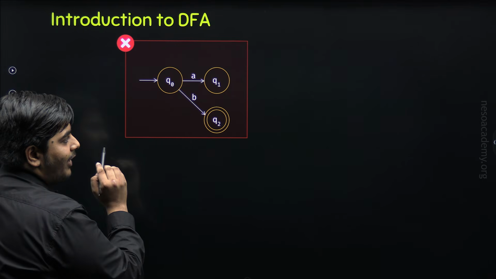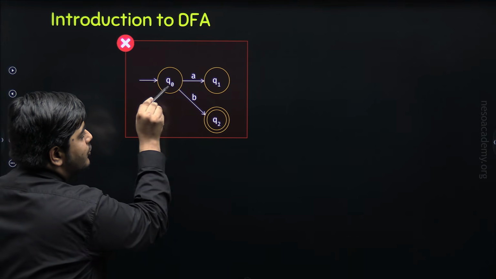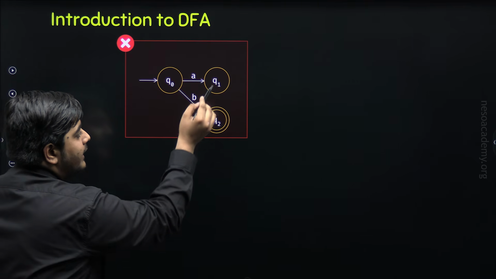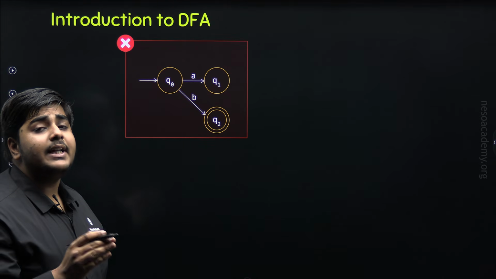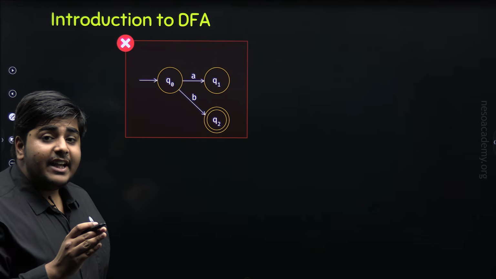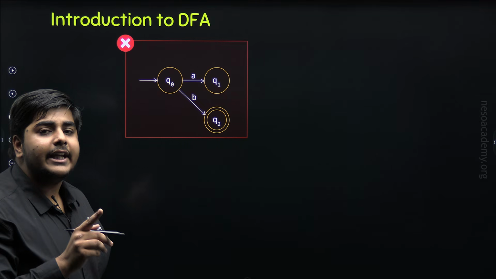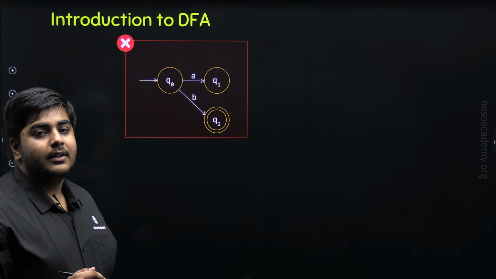Because in this diagram, you can see this state Q0 has the transitions for both the input symbols A and B. But these two states don't have any transition for input symbol A and B. And I have just told you that in DFA, every state should have a transition for all the input symbols. That is why it is not a DFA.